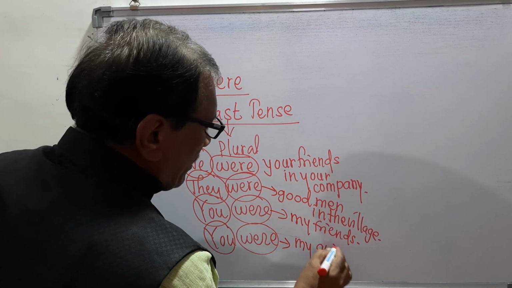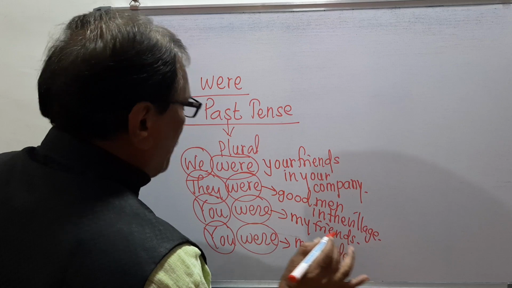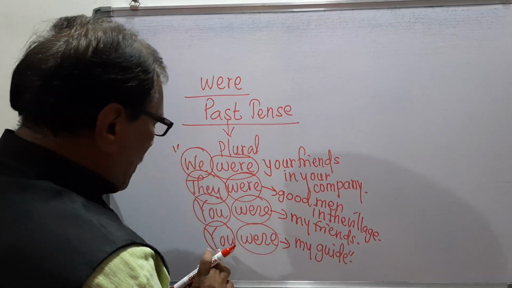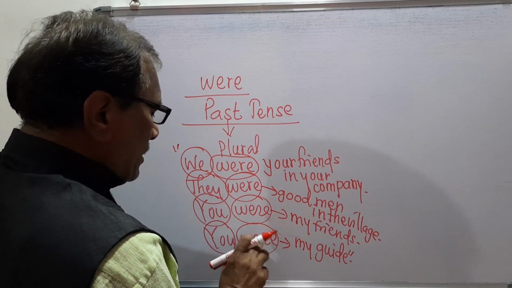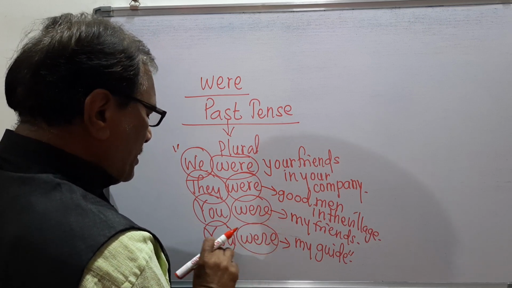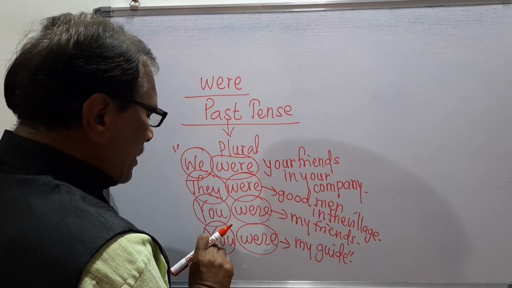So remember, the explanation is that you is singular, so here the main verb is were, but it is the exception, and that's why you were.